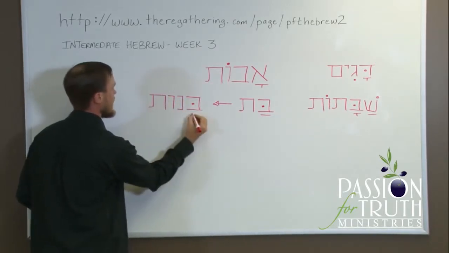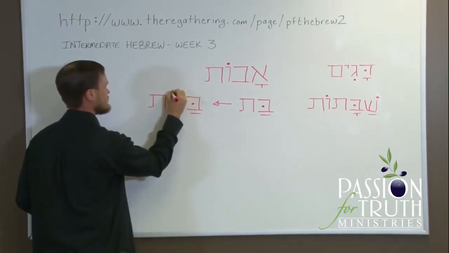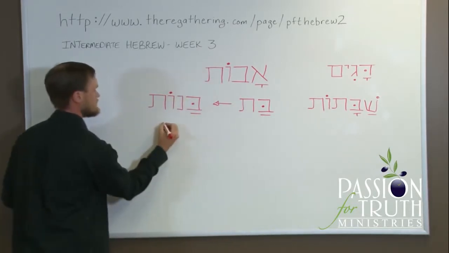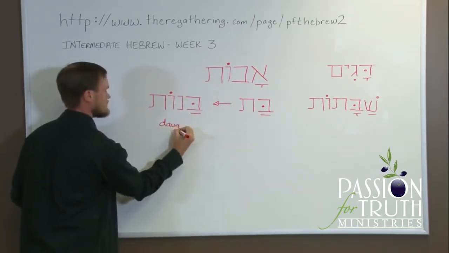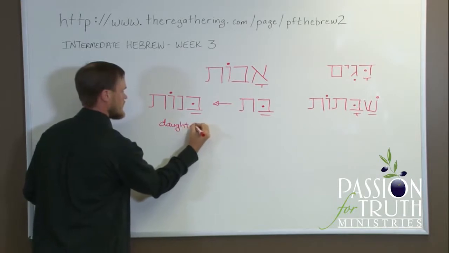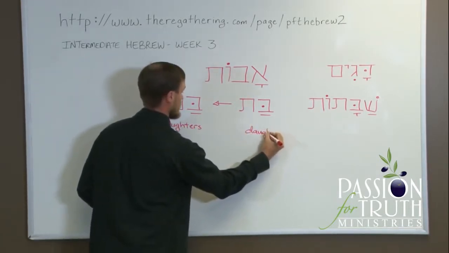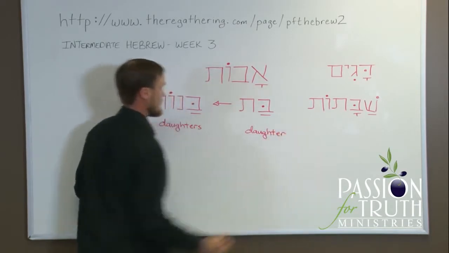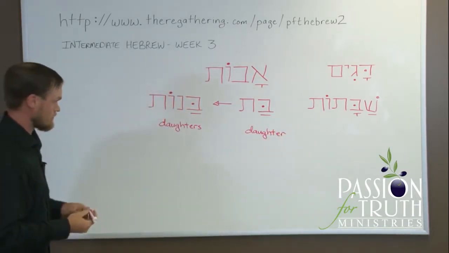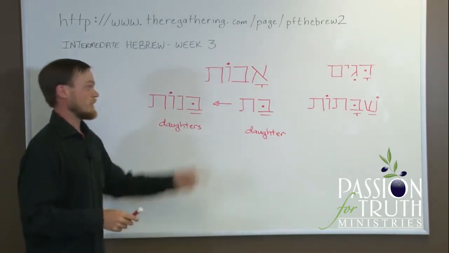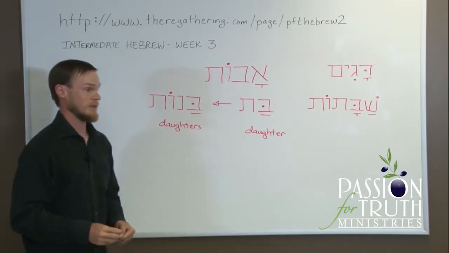It becomes banot. And it's an irregularity. You could never have predicted this. You would think it would be batot, but it in fact becomes banot.